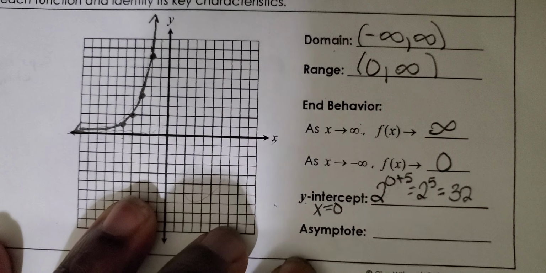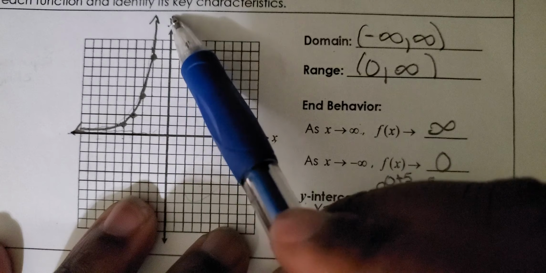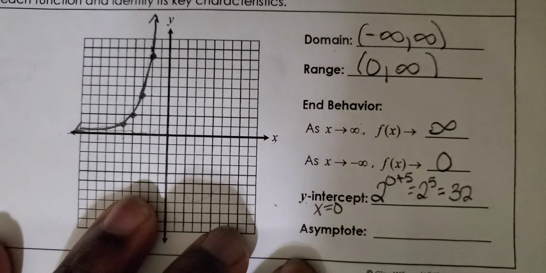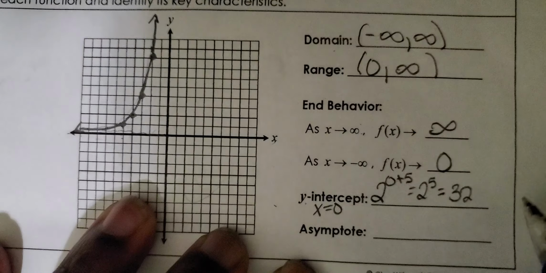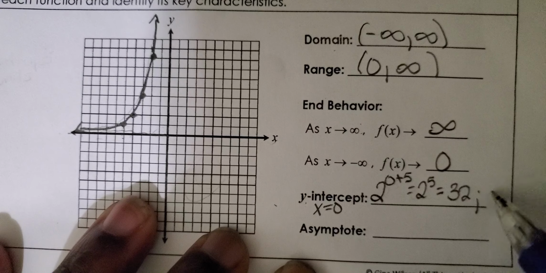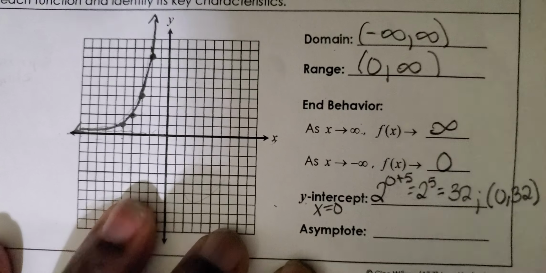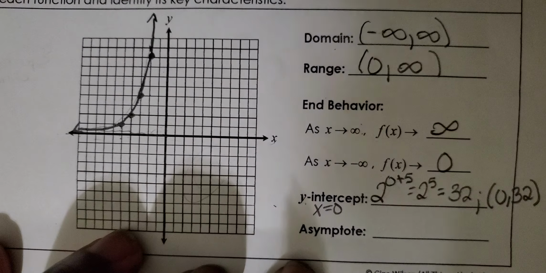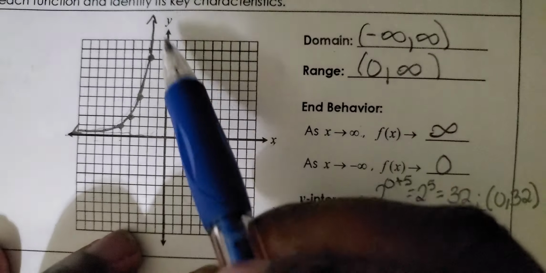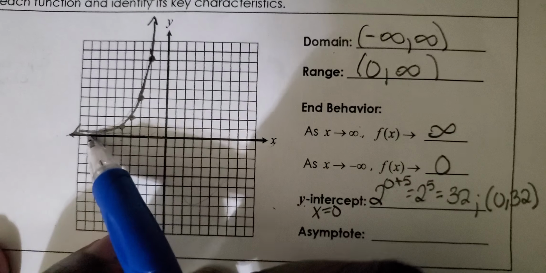Okay, so that means that when y is 32, that's where this graph is going to cross over the y-axis. So that would be the point 0, 32.